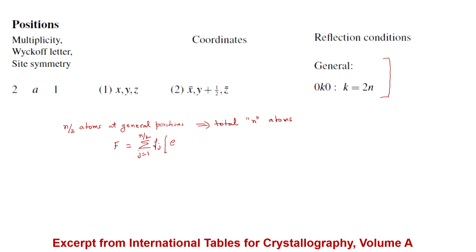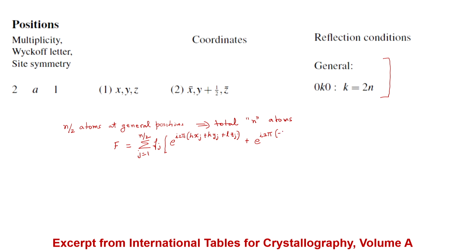So, e to power i 2 pi h xj plus k yj plus l zj, and a second atom, because of the screw action, will give me a second term for the jth atom: i 2 pi, I have minus x, y plus half, minus z.